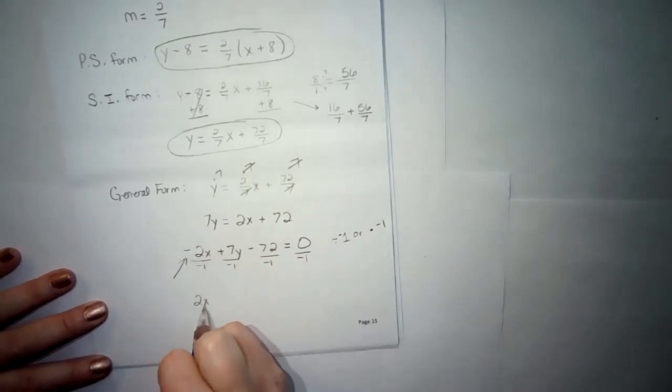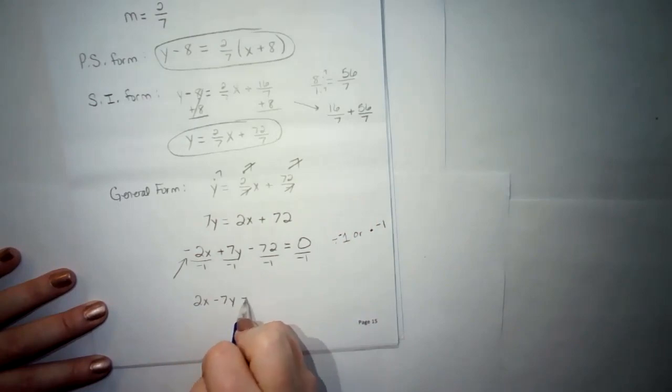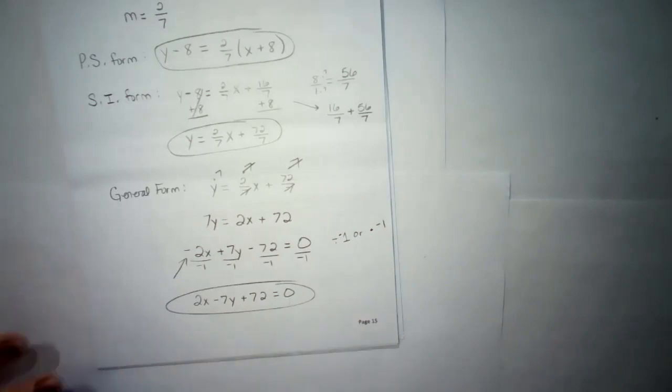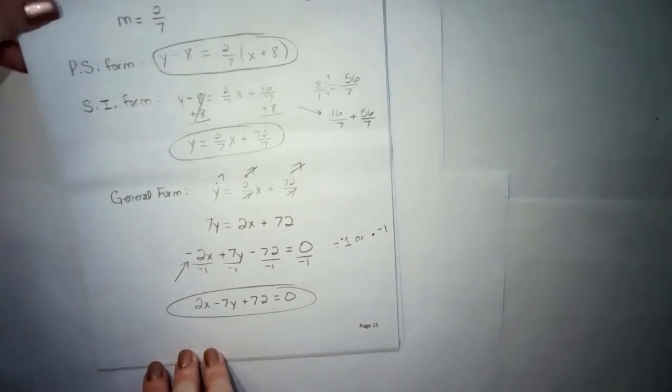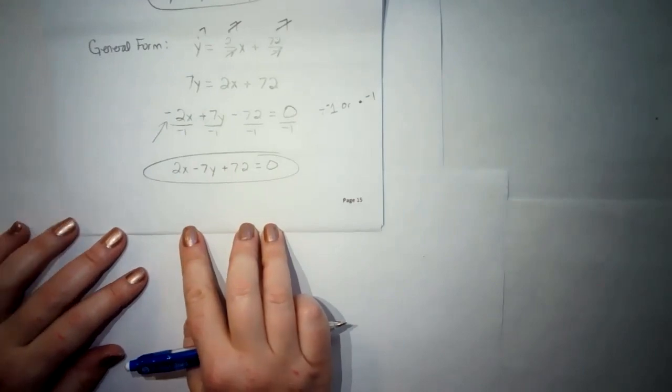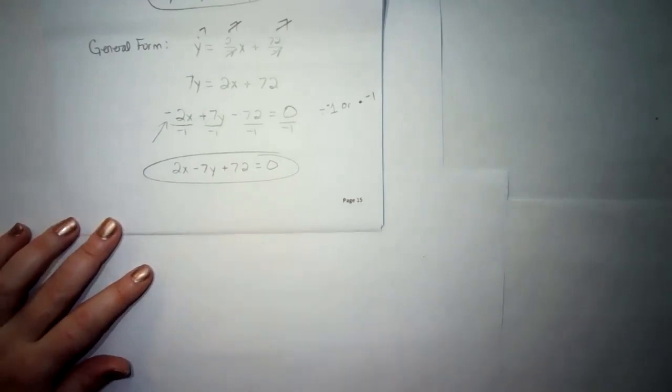Okay, you're going to get 2x minus 7y plus 72 equals 0. And there's your general form. So either multiply or divide, and then you're good to go. Okay. Sound good?